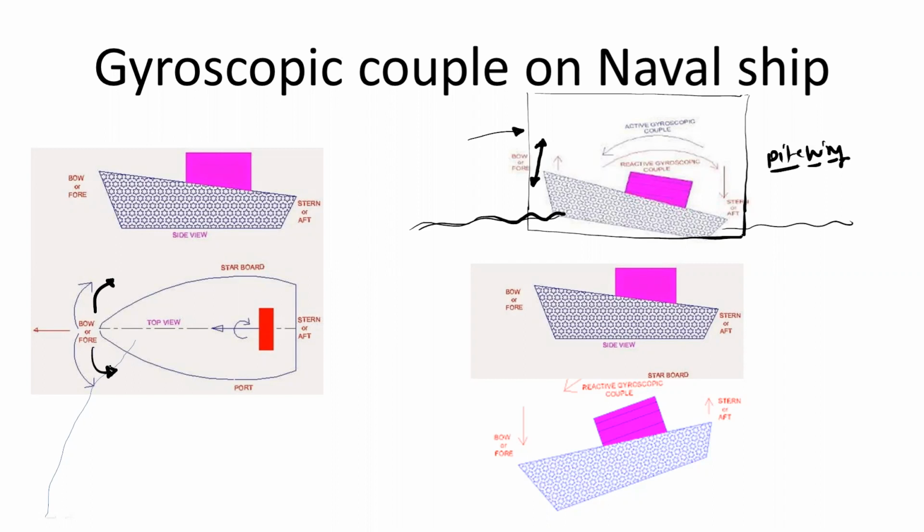This is because of the gyroscopic couple. With the help of the angular momentum vector, we can decide the direction of that gyroscopic couple, and we can forecast whether the ship will turn on the left side or on the right side.